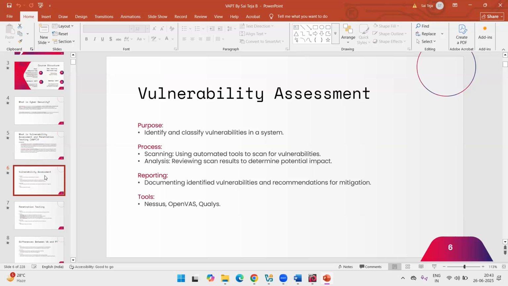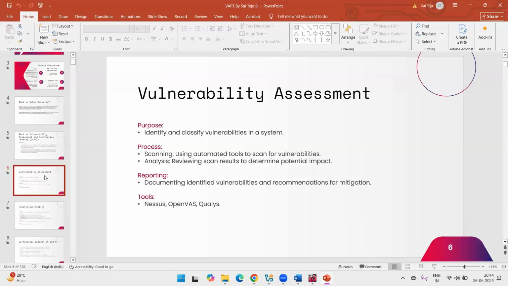Because of any flaw in any specific asset, let's say you have a web server, which is very critical to the organization. That web server is exposed to the internet, and it has some kind of flaw in it, like a known vulnerability. How do you identify that?